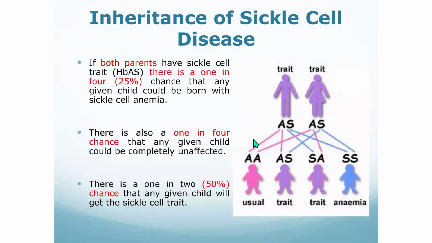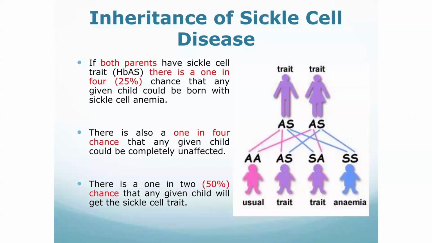So now let's look at a situation where both parents have sickle cell trait, but not the disease. So they have hemoglobin AS and AS. If you cross AS and AS, there is a 25% chance of giving birth to a child with anemia.